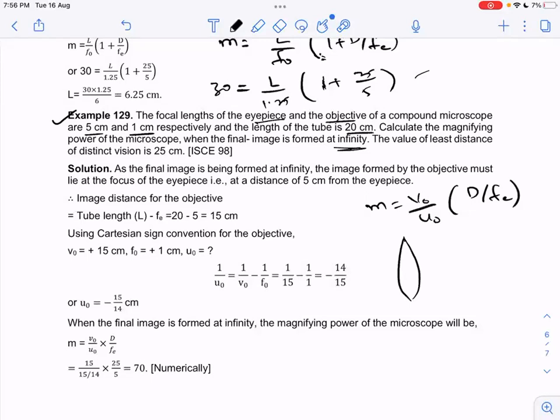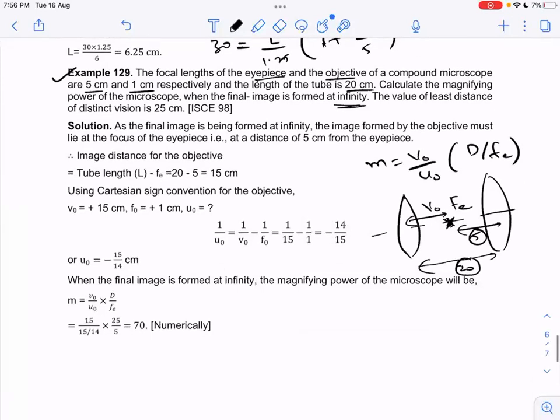If you observe, this is 20. If this is V naught, then this point is exactly the focus of the eyepiece, which is 5. So 20 minus 5 is going to be 15. So V naught is actually 15.